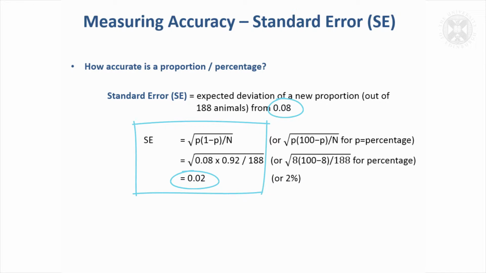It's expected that if you took a new sample, you'd have either 0.1 or 0.6. So you can't say it's exactly 0.08.